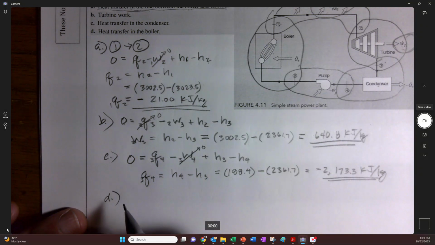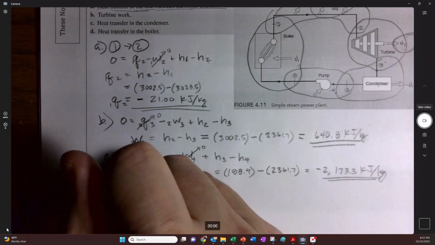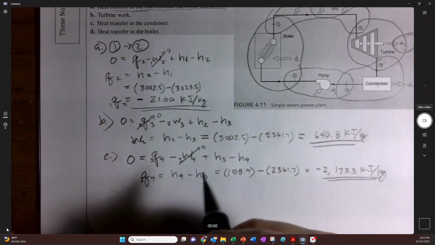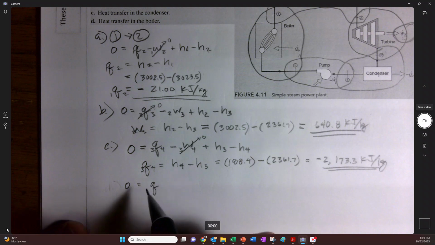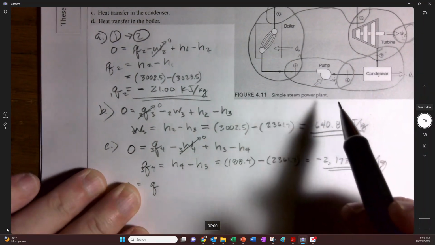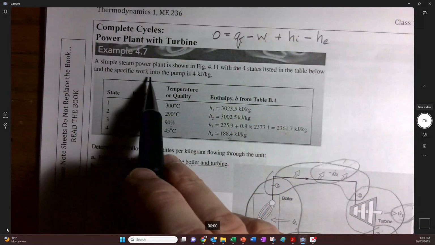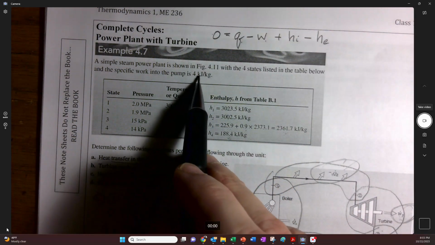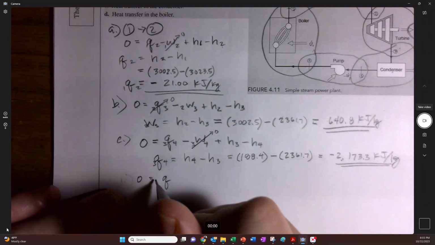So for D, I went ahead and did an intermediate step here because I like doing things completely if I can. Let's go from 4 to 5. Now they told us, and I didn't read it, so let me go back and read it, that the pump added 4 kilojoules per kilogram worth of work in there.